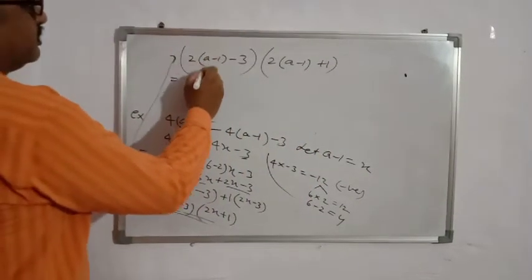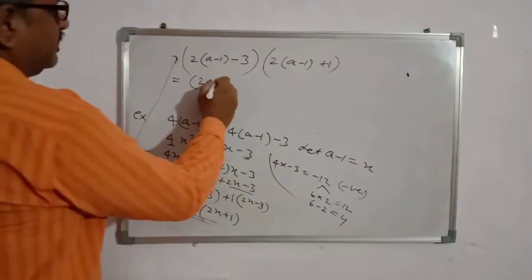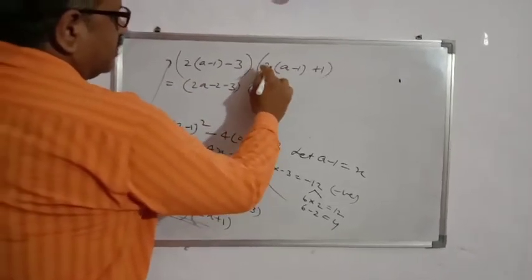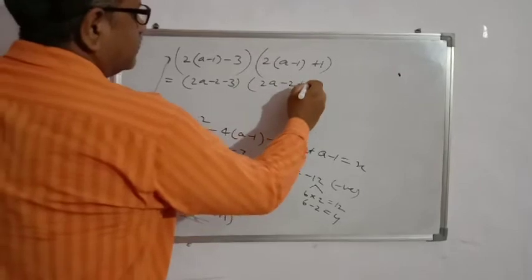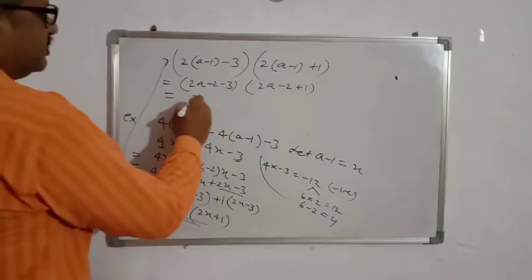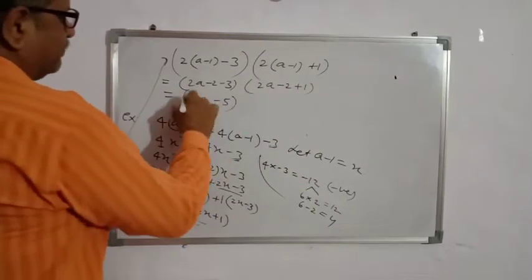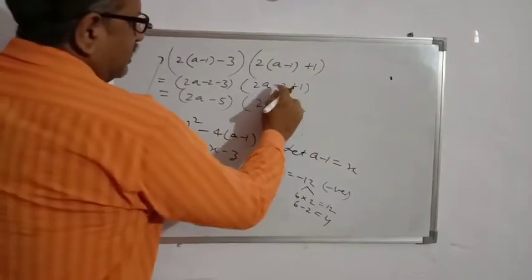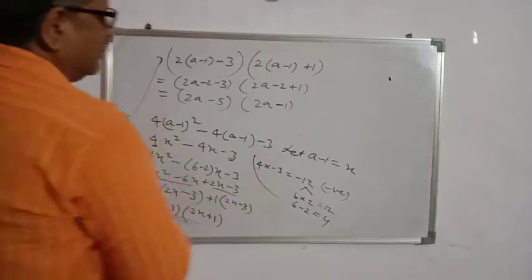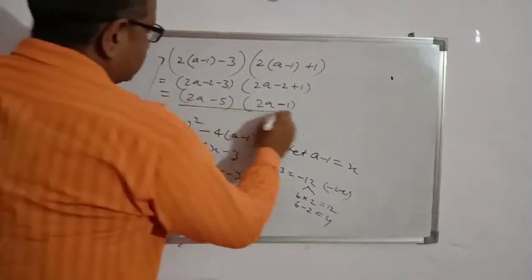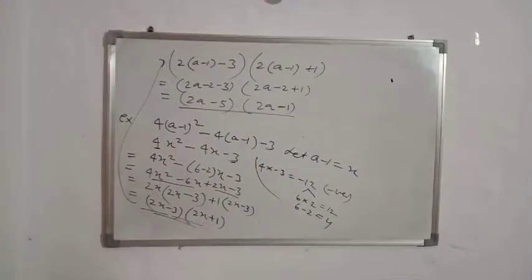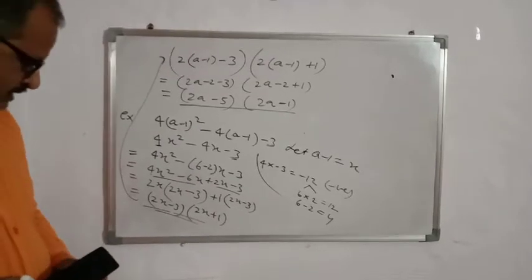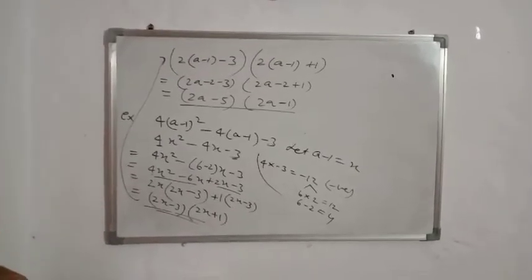Open the bracket: 2 into a, 2a minus 2 minus 3. Open this bracket: 2a, 2 into minus 1 minus 2 plus 1. 2a minus 5, minus 2 minus 3 is minus 5. Minus 2 plus 1 is minus 1. This is complete factorization: 2a minus 5 in one bracket and 2a minus 1 in the other bracket.